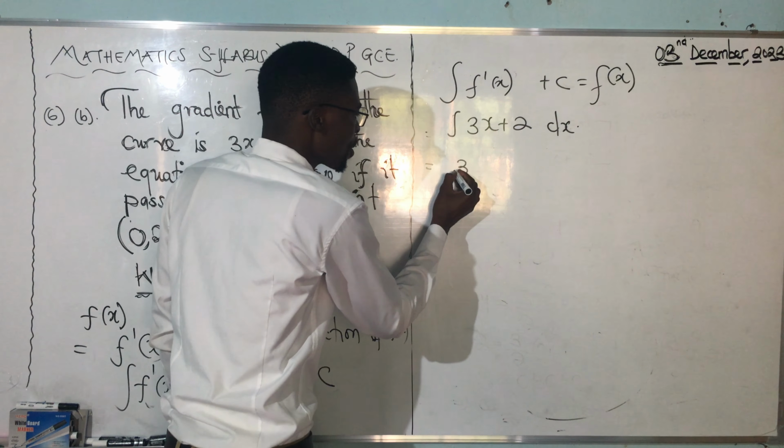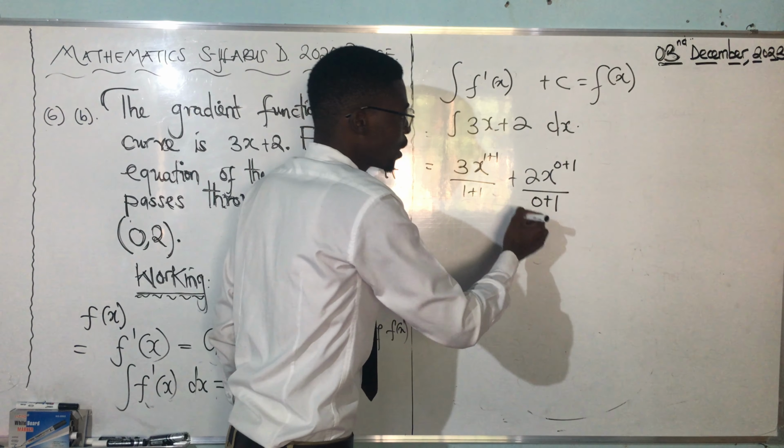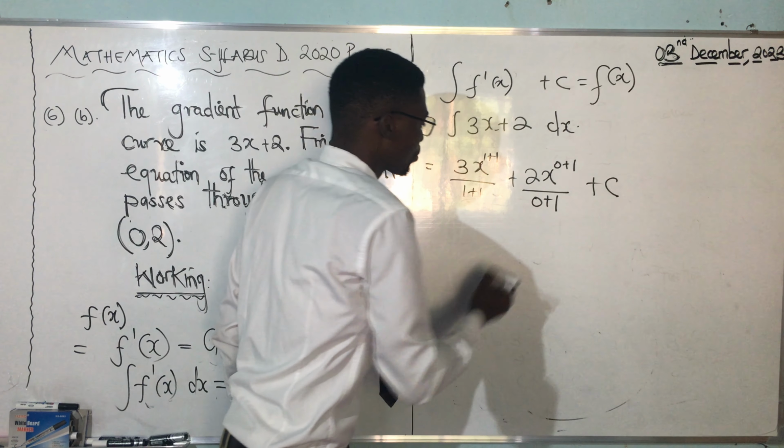When you have a constant here, the x has power 0. So 2 can be written as 2x to the power 0, then we integrate, over 0 plus 1, then plus c.